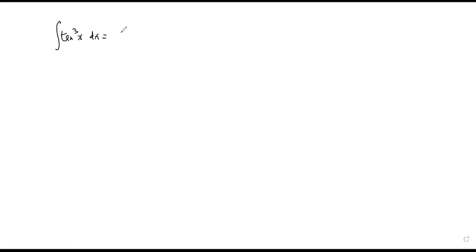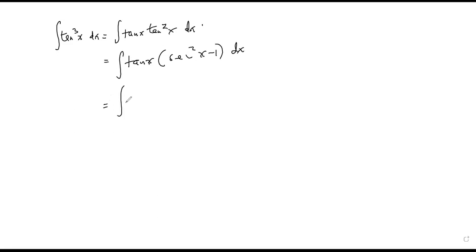This is the same as tan x and tan squared x dx, which is the same as the integral of tan x times sec squared x minus 1 dx, which is the same as the integral of tan x sec squared x minus the integral of tan x itself dx.